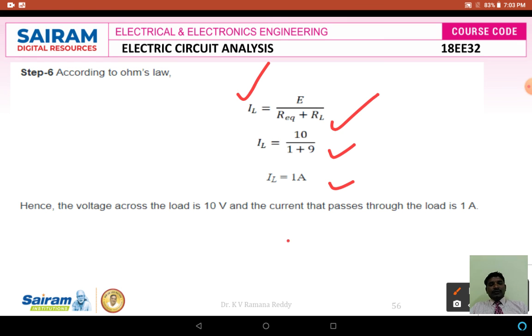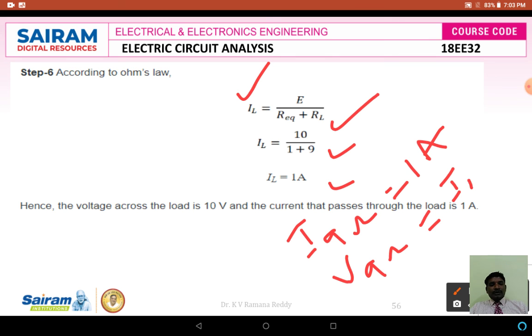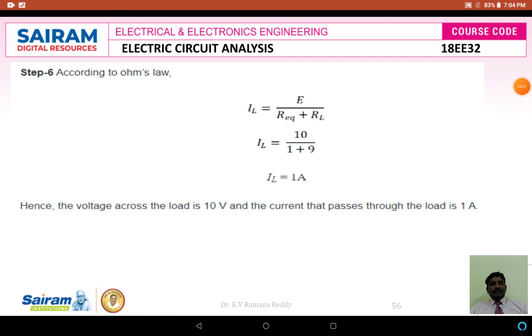The current flowing through the 9 ohms is 1 ampere, so the voltage across 9 ohms is IL into 9, which is equal to 9 volts. These are the solutions for the given problem. Thank you.